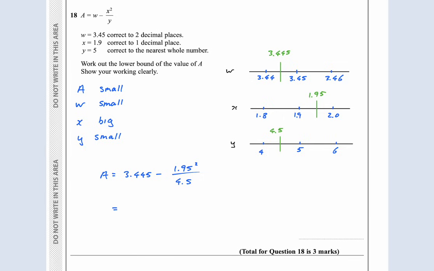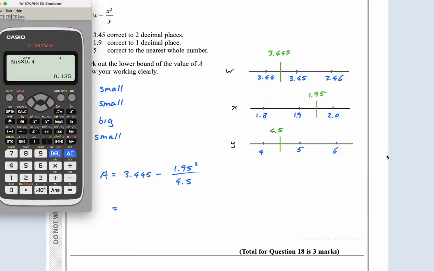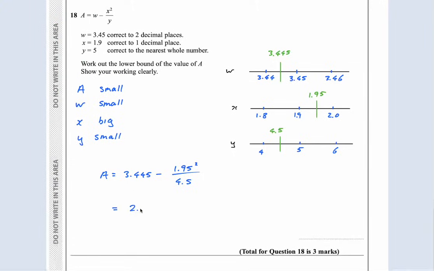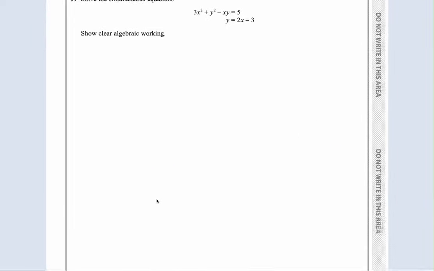And this will give me a lower bound for A. So that's 3.445 minus 1.95 squared over 4.5, which is 13 over 5 exactly, which is 2.6, and that's correct. So the lower bound is 2.6.